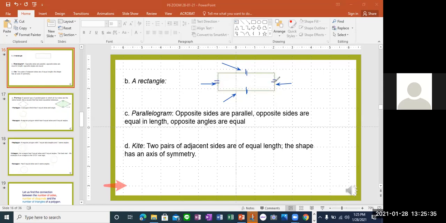Now, what about the angles? Are the angles the same? Yes. It's exactly the same, only the sides differ, but the angles are of 90 degrees.